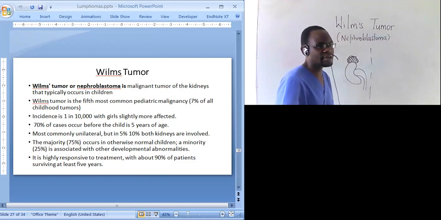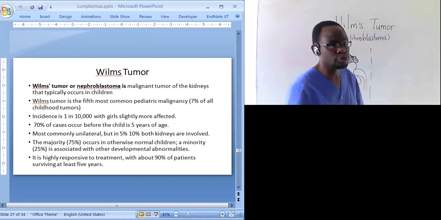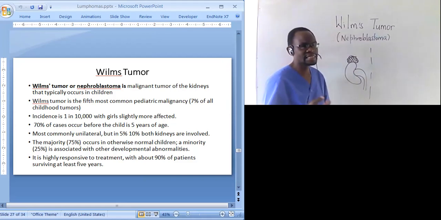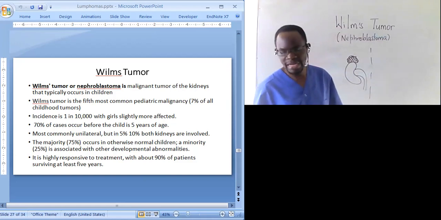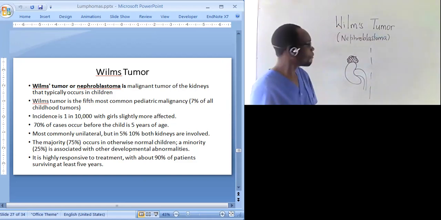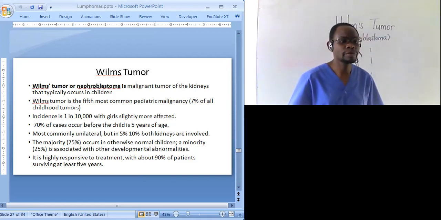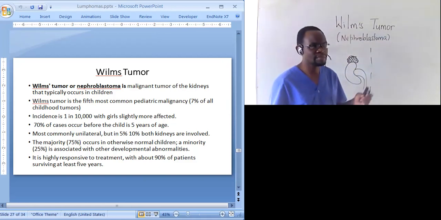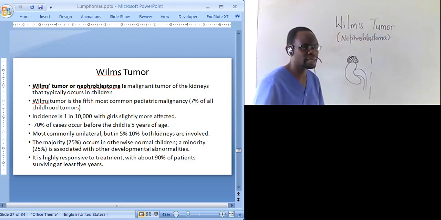The majority, 75%, occur in otherwise normal children. However, about 25% of other children have developmental abnormalities. But we are saying that the majority of these occur in otherwise normal children, and less than 30% occur in those who have developmental abnormalities.